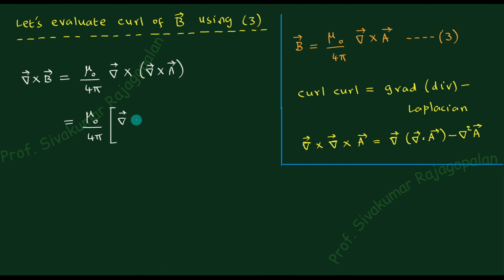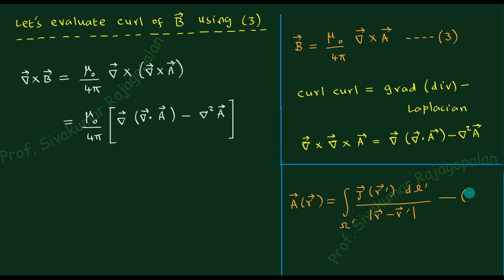I will write down the gradient of the divergence of the capital A vector, then minus the Laplacian of the capital A vector. And that's all. But then you should remember what capital A is. Capital A is the magnetic vector potential. So keep that for your reference. So let us substitute this capital A, then how will the equation look?